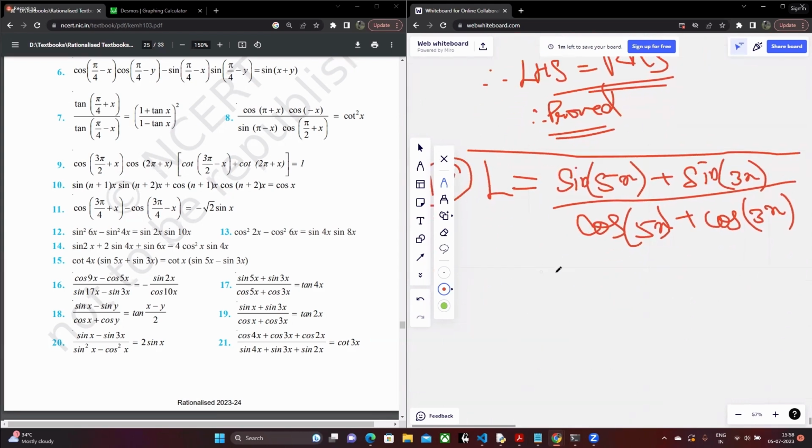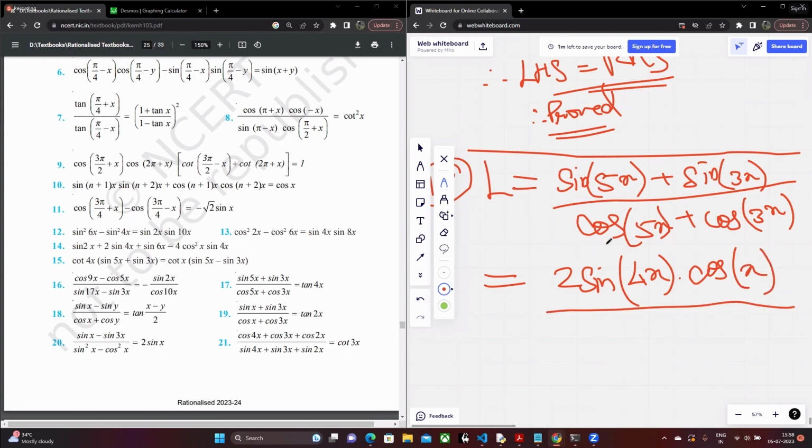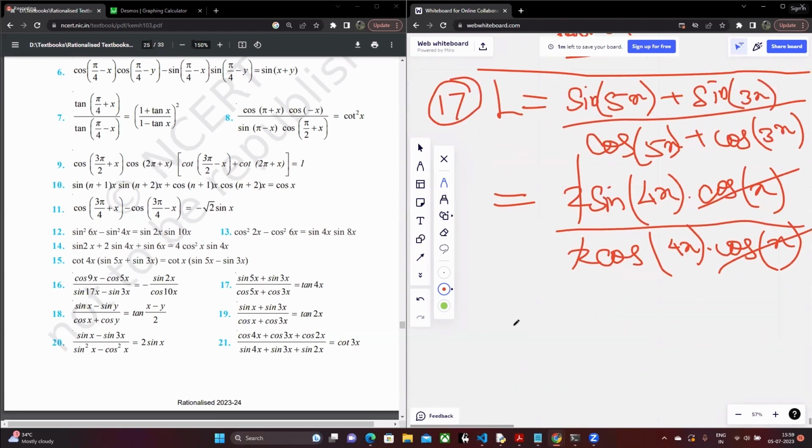Remember the formula, sin A plus sin B is going to be 2 sine of (A plus B)/2, that is 4x, into cos of (A minus B)/2, that is x, divided by cos A plus cos B, which is 2 into cos of (A plus B)/2, that is 4x, into cos of (A minus B)/2, that is x. The x and x cancel out, the 2 cancels out, you are left with sine of 4x divided by cos of 4x, which is equal to tan of 4x, which is RHS.